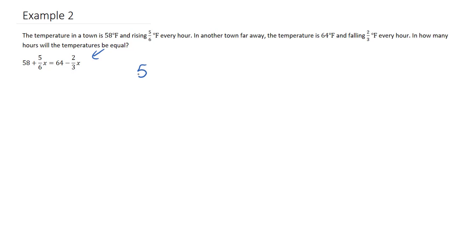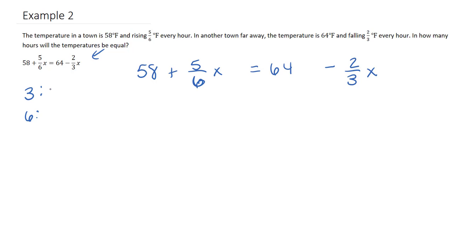So let's go ahead and rewrite this. We have 58 plus 5/6 x, which is equal to 64 minus 2/3 x. So notice we have two fractions. Let's go ahead and find the least common multiple between them. So we have 3 and 6. We have 3, 6, 9, 12. Let's look at 6.